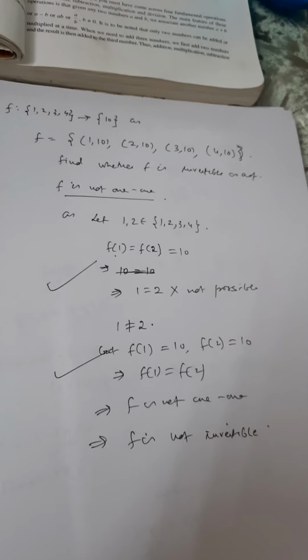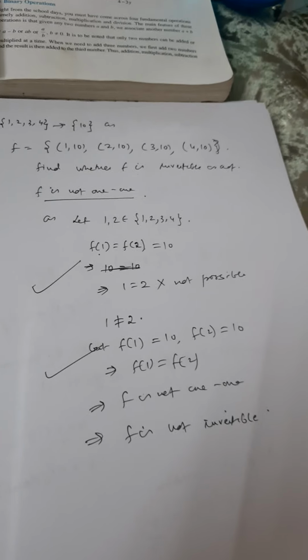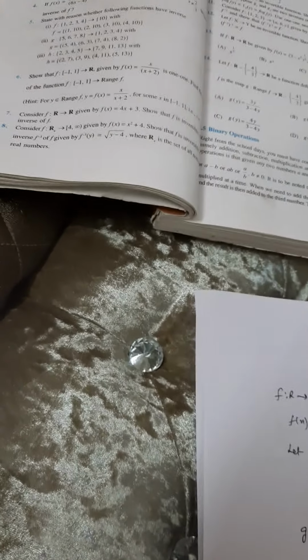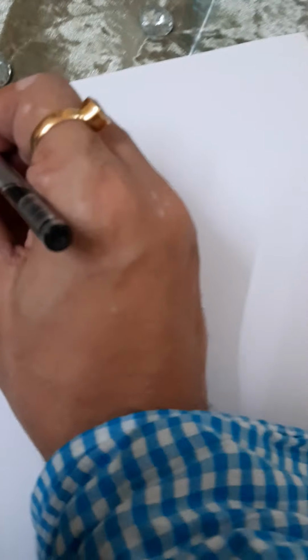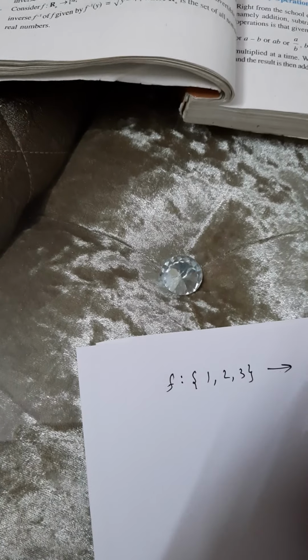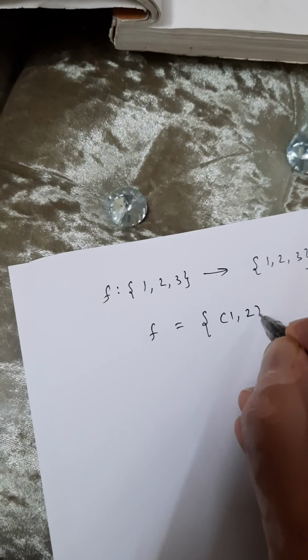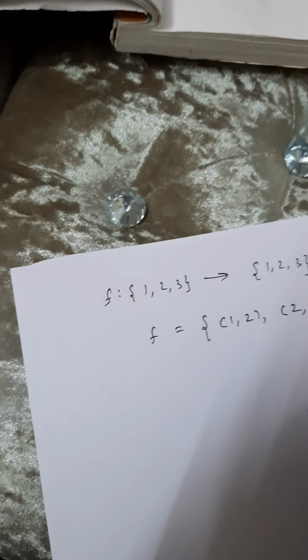So like this, if the function is invertible, I will now tell you how to find f inverse. Now, suppose f from {1, 2, 3} to {1, 2, 3} is defined as f = {(1,2), (2,3), (3,1)}.